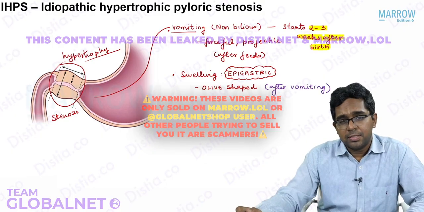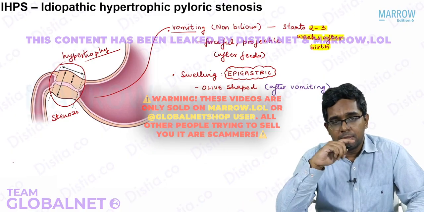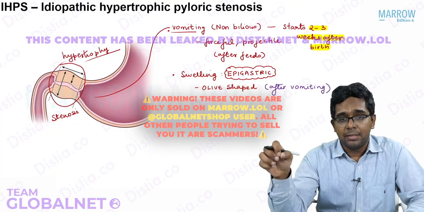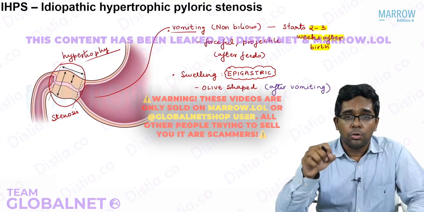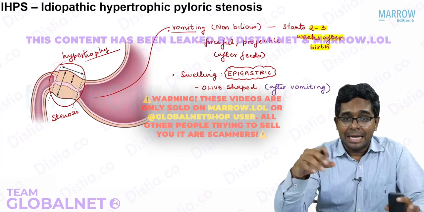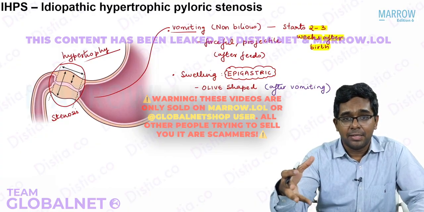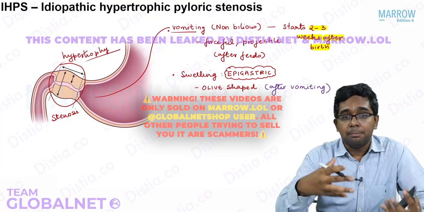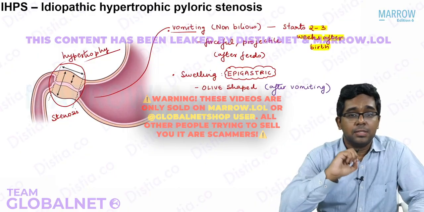Another important feature is that there is narrowing at the level of pylorus. So what happens? There is increased peristaltic activity in order to overcome the obstruction. And this increased peristaltic activity in the presence of swelling gives rise to visible peristaltic activity when you see the baby.